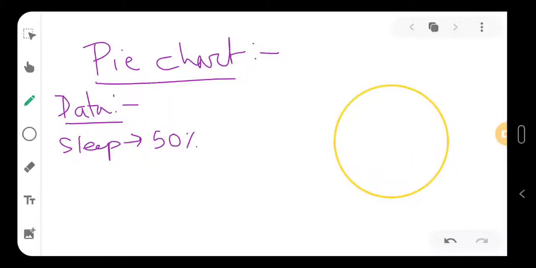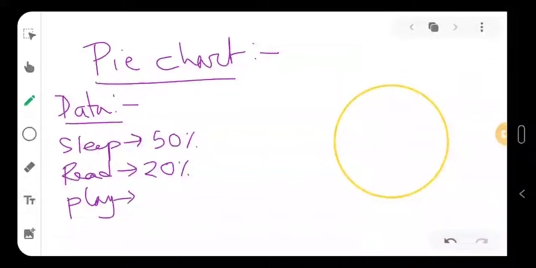Let's say you read 20% of a day, and you play, let's say, more 20%, and you eat 10%. So this is our data set.